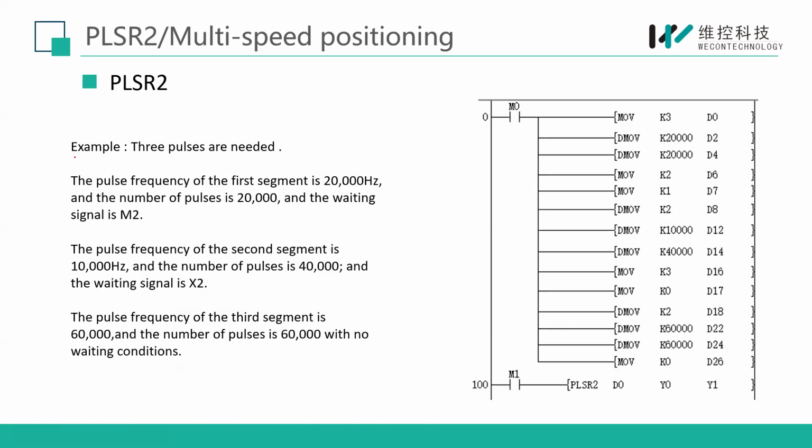The first, for example, we need to set the three pulse speeds. The pulse frequency of the first segment is 20,000 hertz, and the number of pulses is 20,000.